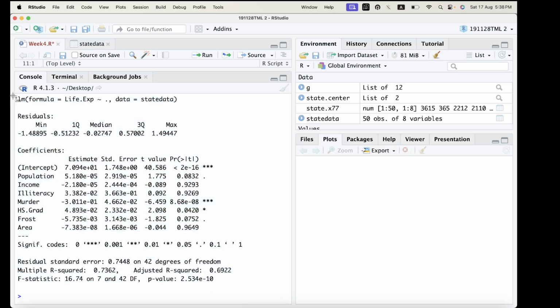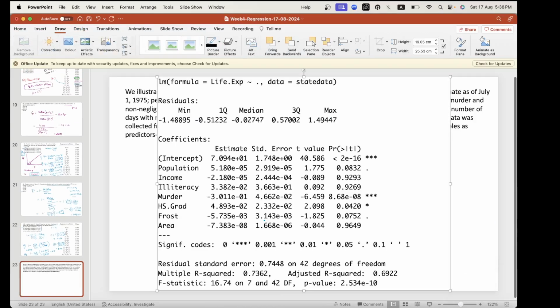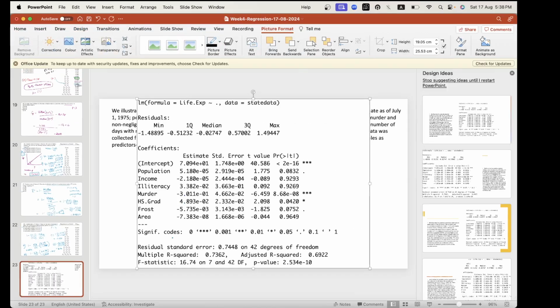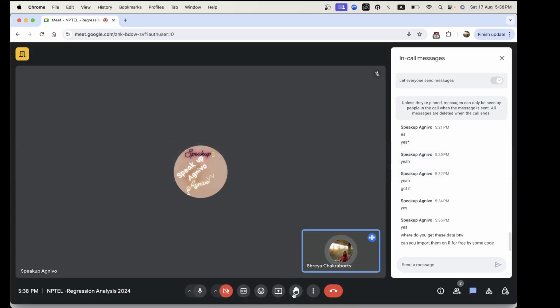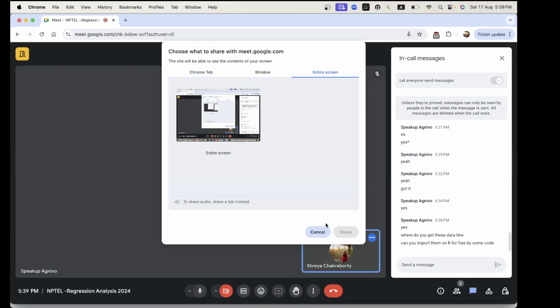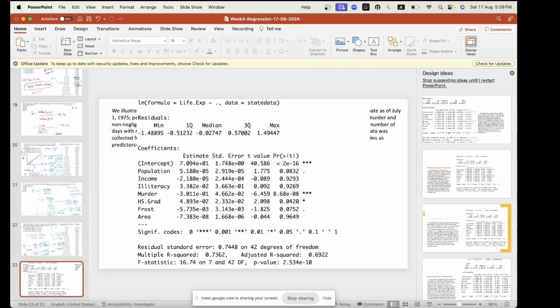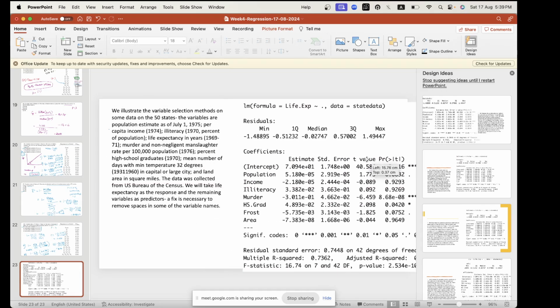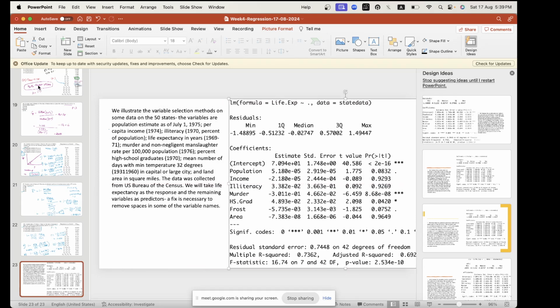One second. All right, can you see the PowerPoint now? I hope you can see it. Okay, so this is your full model that we have.